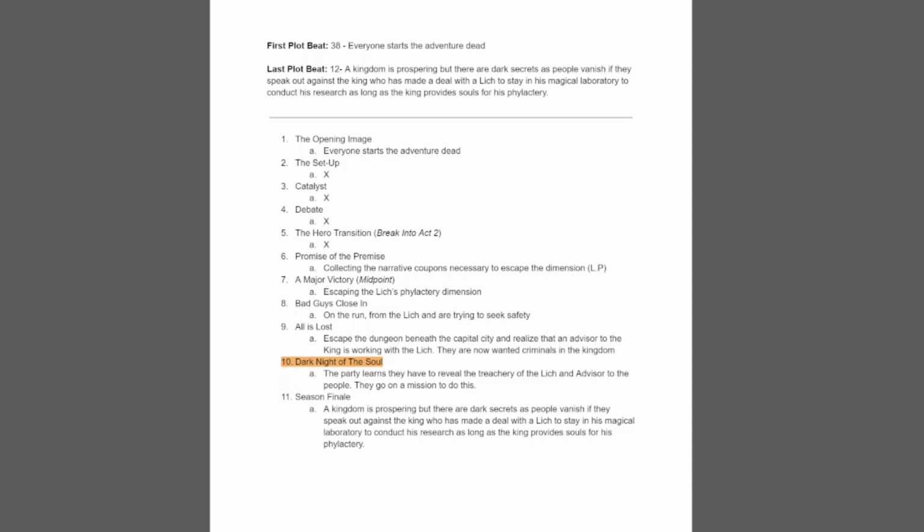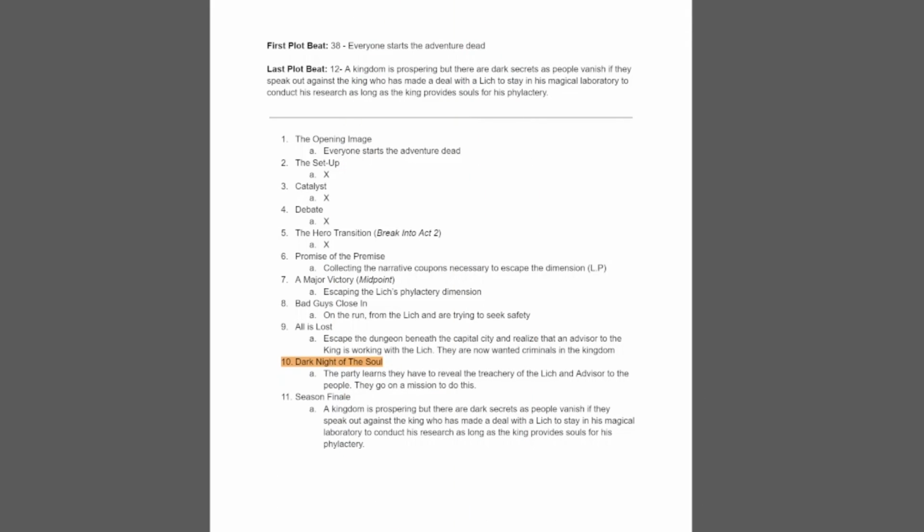So many times when I collaborate with game masters over on my Patreon, I offer GM coaching across many systems. And one of the biggest things that we work on is actually speeding up these intermediate arcs. Because it's very easy to turn what is essentially like 10 sessions here into 30 or 40 or a year. And if you spend a year getting out of the phylactery dimension, you can't guarantee that anything beyond this is going to happen.